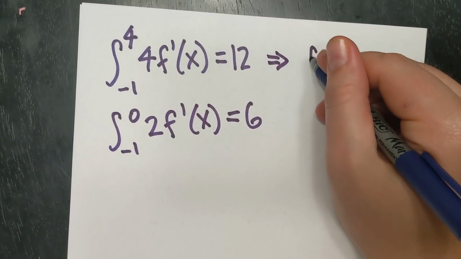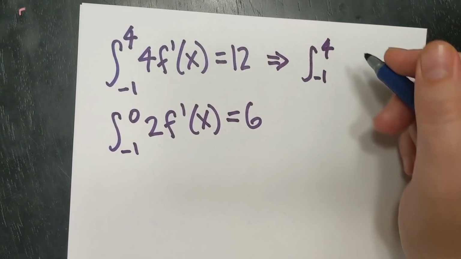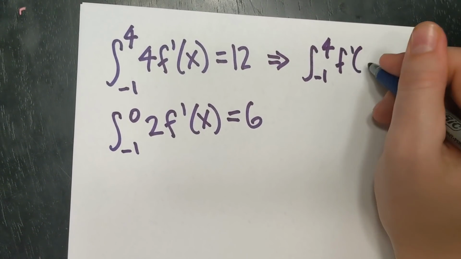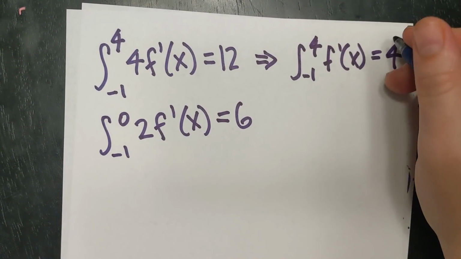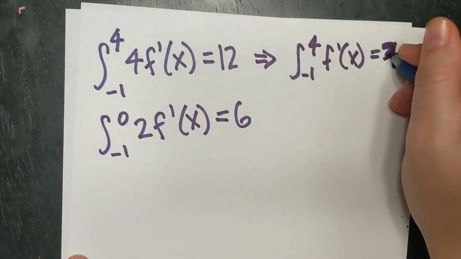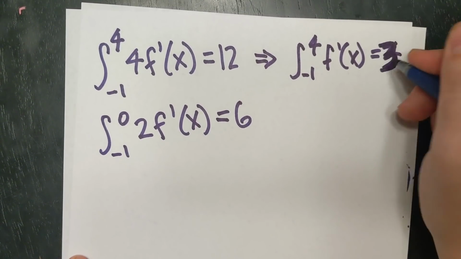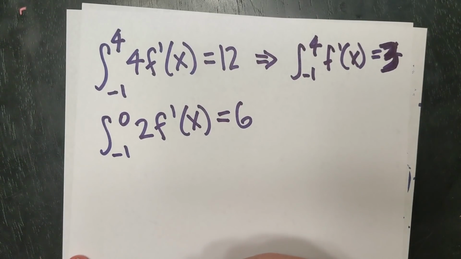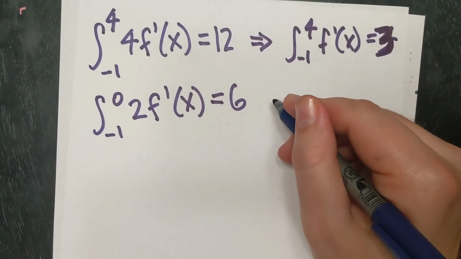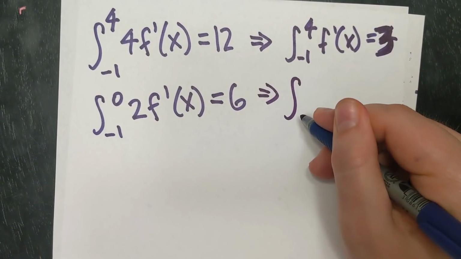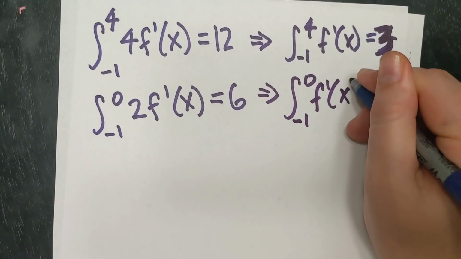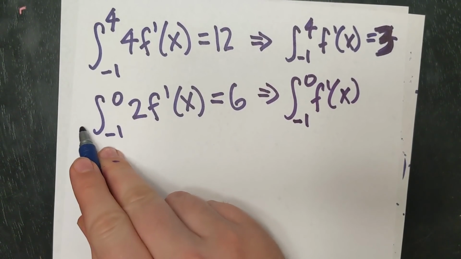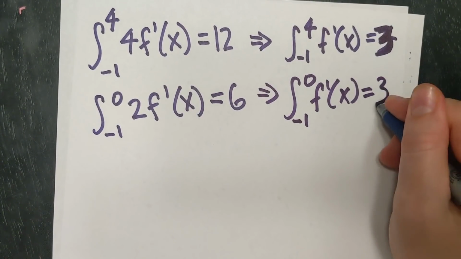That would tell me that from -1 to 4 of f prime of x, divide by my 4, it should be 3. 12 divided by my 4 gives me 3. And this one tells me that if I go from -1 to 0 of f prime, I can pull the 2 out and divide by it. That's 3 as well.